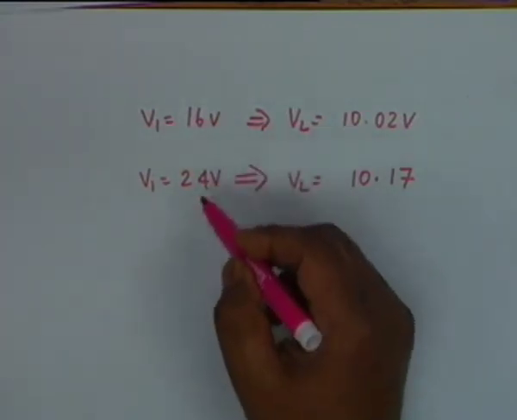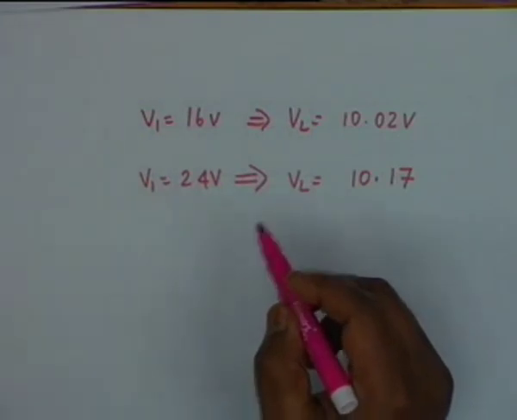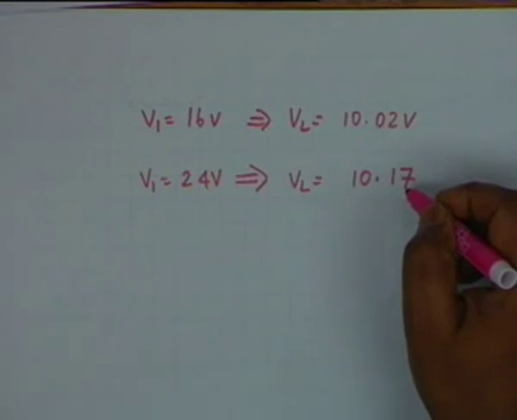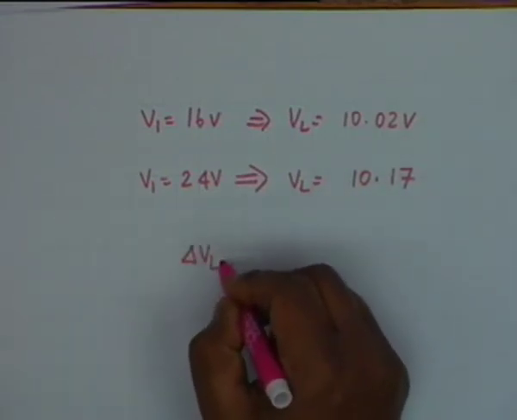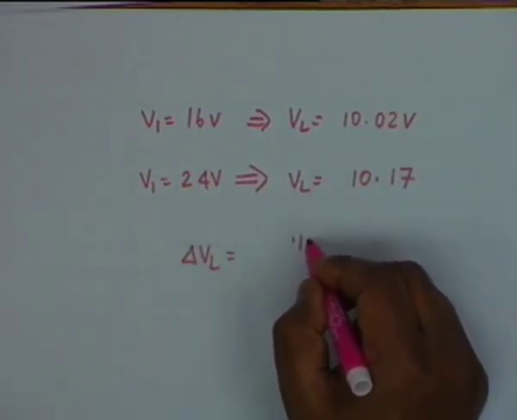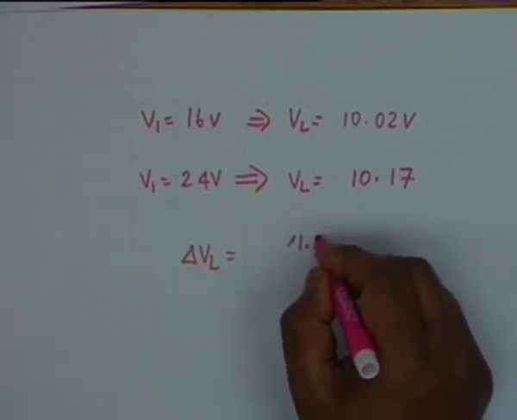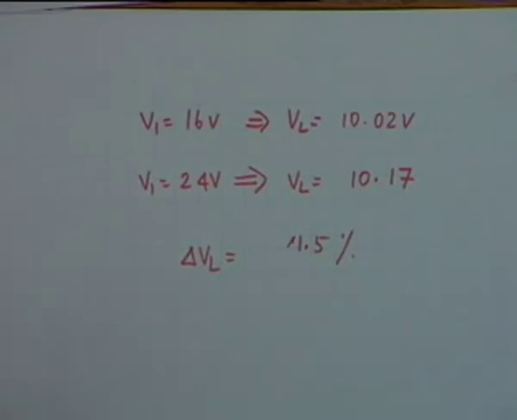For a violent fluctuation here from 16 to 24, the load voltage changes only from 10.02 to 10.17, and delta VL, if you calculate this, 0.15, oh, it's simply how much? 1.5%. That's it. 50% fluctuation in the DC is reduced to only 1.5% fluctuation in the voltage across the load.